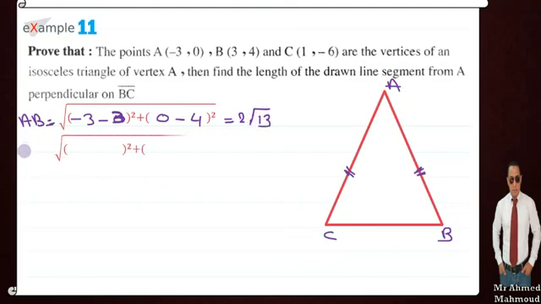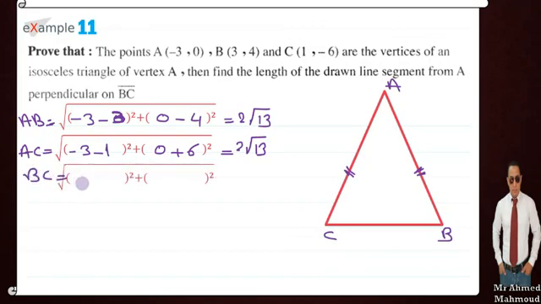And AC equals negative 3 minus 1 and 0 plus 6, which is equal also to root 13. BC equals 3 minus 1 all power of 2 and 4 plus 6, which is equal to root 26.